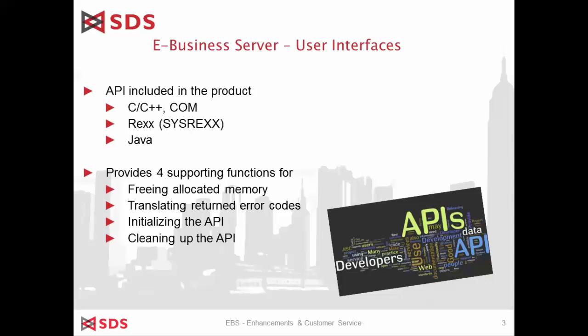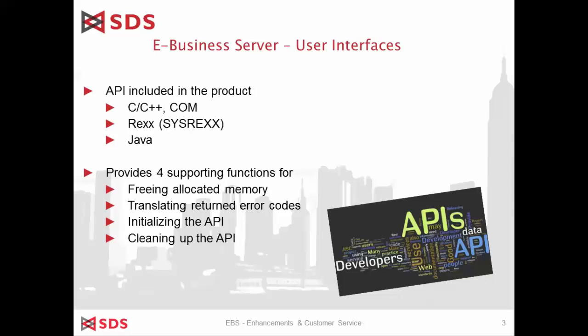It imitates the command line, allowing eBusiness Server commands to be called through the API. The central function in the API imitates the command line, allowing eBusiness Server commands normally issued from the command line to be called through the API. There are 4 supporting functions, one for freeing allocated memory, another for translating returned error codes, and also initializing and cleaning up of the APIs, which are provided with the base of eBusiness Server.